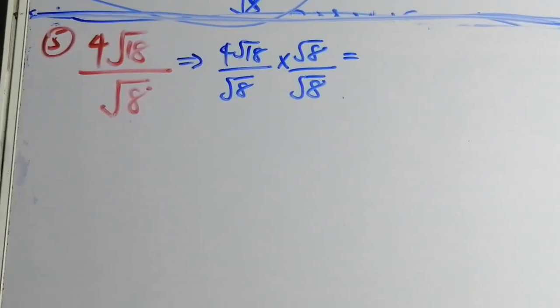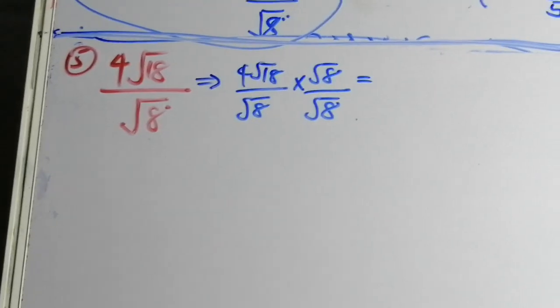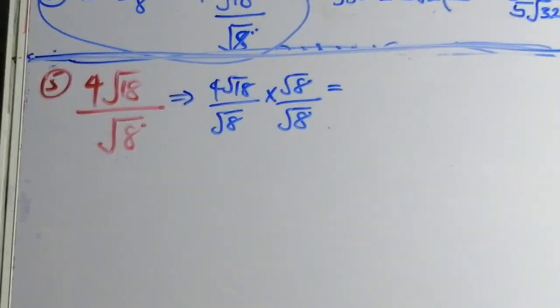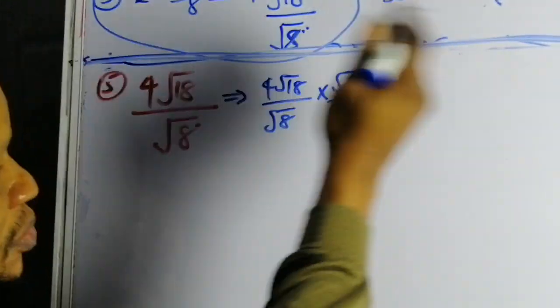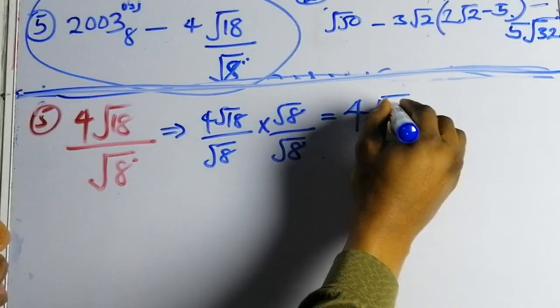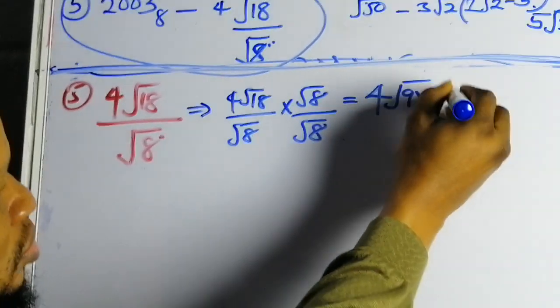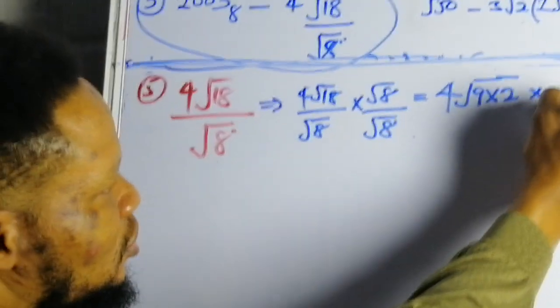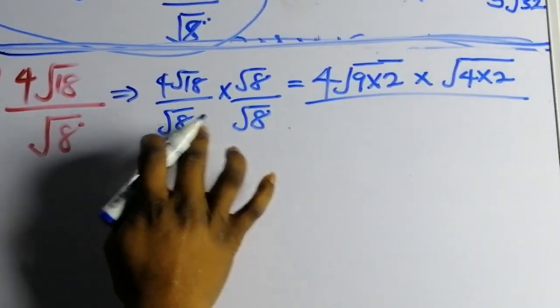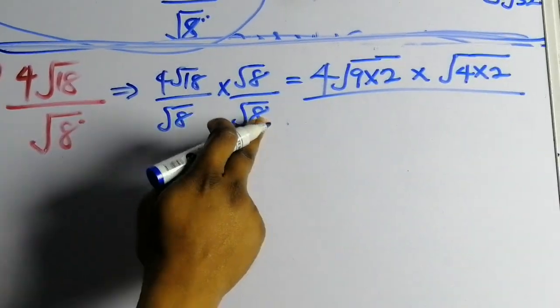From here I can still simplify this further, and I can also simplify this further. It's the same multiplication law on the SURD, which we've been mentioning all this while. So root 18 is the same thing as 9 times 2, and root 8 is the same as 4 times 2. Here we still give 8 times 8, 64.